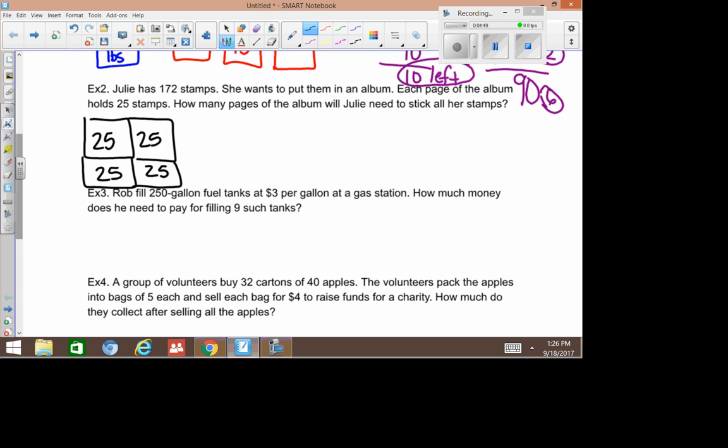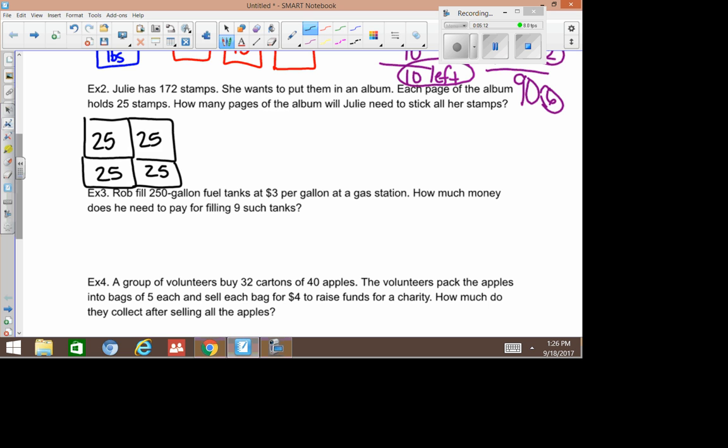You can count by 25s to see how many I can get there. What else can I do? What's the word? Dividing. I'm dividing up these stamps into 25s. Okay? Now, Kelly Jo, read me the question. How many pages of the album will Julia need to stick all her stamps?